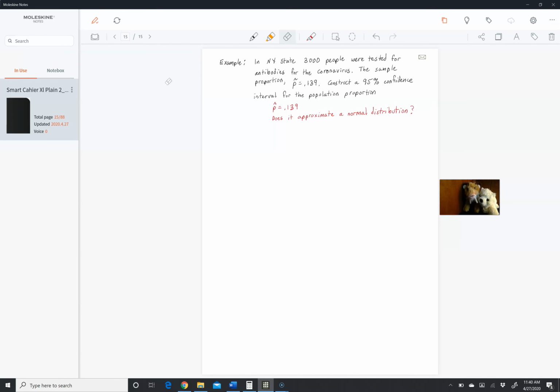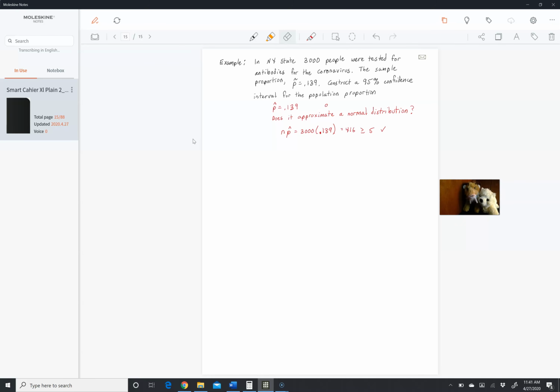So this is where we find our np hat and our nq hat. This is 3,000 times 0.139, and this gives us 416, and 416 is greater than or equal to 5, so we're okay there.